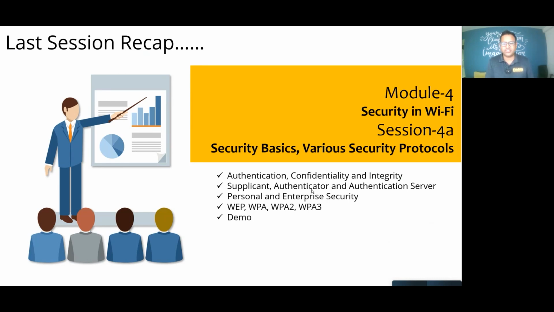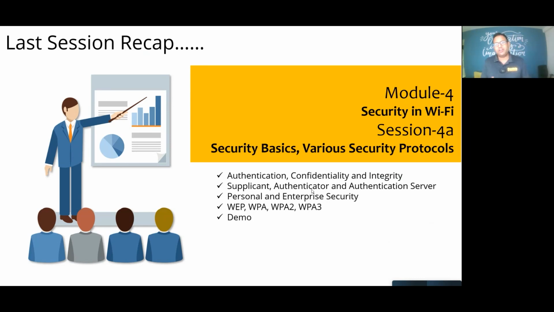So authentication, confidentiality, and integrity are the 3 main pillars for security. Then we talked about the enforcers of security, the entities that enforce security in a wireless LAN network: supplicant, authenticator, and authentication server. We also quickly touched upon how personal security and enterprise security work, and what elements are involved there.